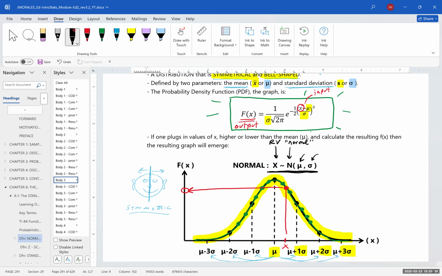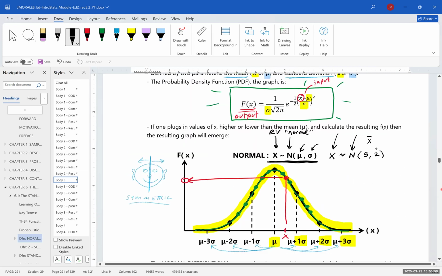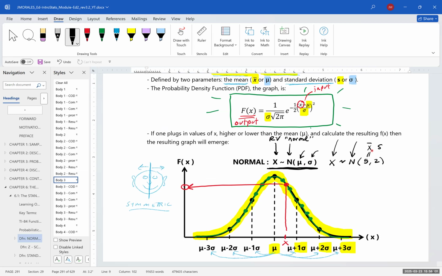So you might see this used in practice, or you might see this on a homework problem. What this means is that for a random variable, the data is normally distributed with a mean of 5 and a standard deviation of 2. So if you ever need to know what the mean or standard deviation is, it's given in the shorthand for a normal distribution.